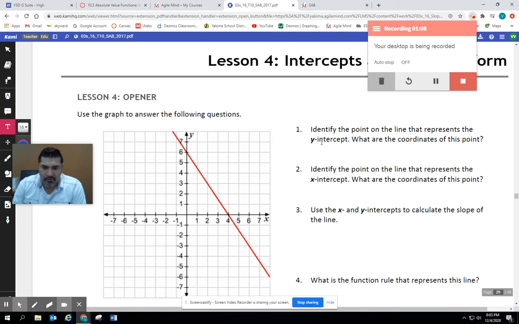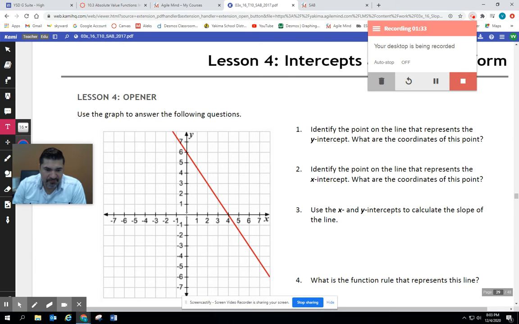Okay, so the y-intercept is where our function intercepts the y-axis. So here's our y-axis here. Here's our function. At what point does it intersect? It intersects right here. So we have to name the coordinate of here. So if I start here at the origin, I don't move to the left at all or to the right.